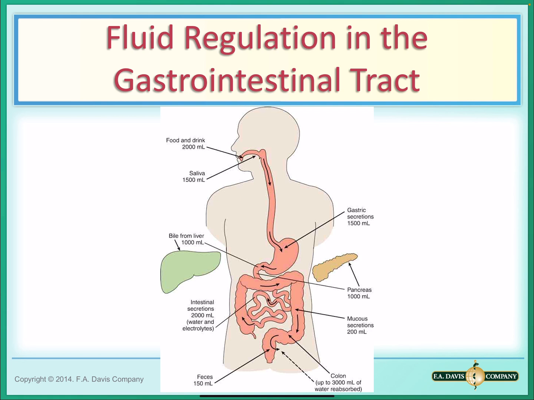Again, under normal conditions, only about 500 to 1500 mL of this fluid reaches the large intestine, and only about 150 mL is excreted in the feces. Water and electrolytes are readily absorbed in both the small and large intestines, resulting in a fecal electrolyte content that is similar to that of the plasma.